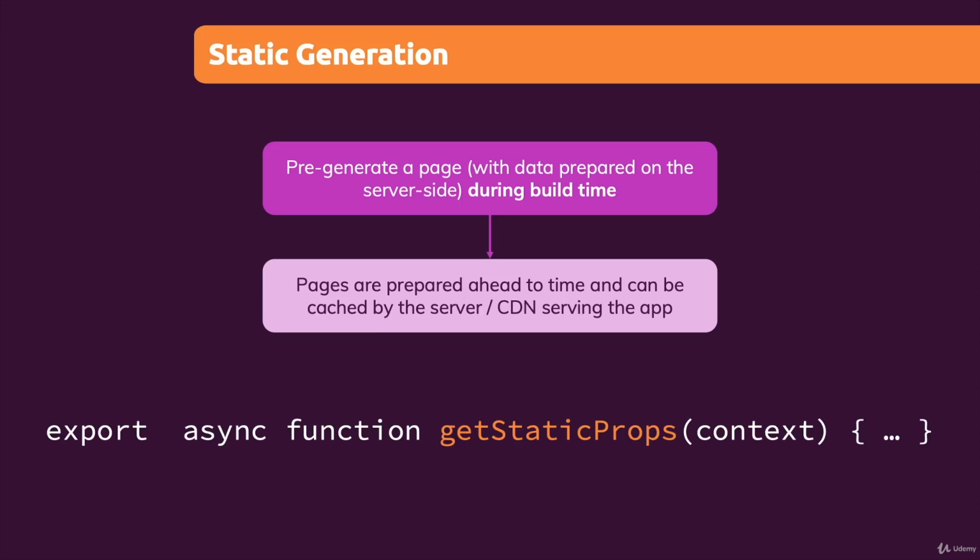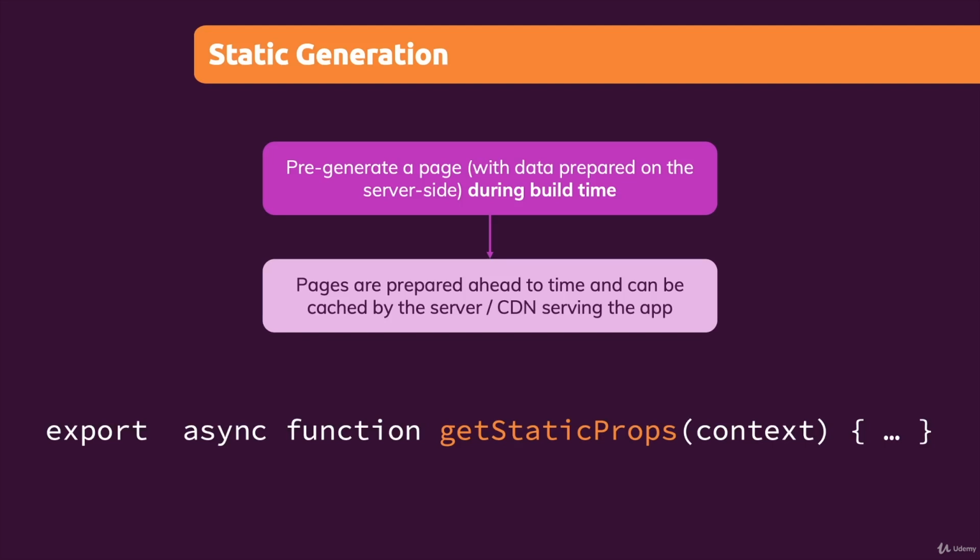Now, that name matters. It must be written exactly like this, getStaticProps, because that is then a function Next.js will watch out for. It's async, which means it returns a promise, and you can use the await keyword in there. And then the special thing is that in this function, you can run any code that would normally run on the server side only.